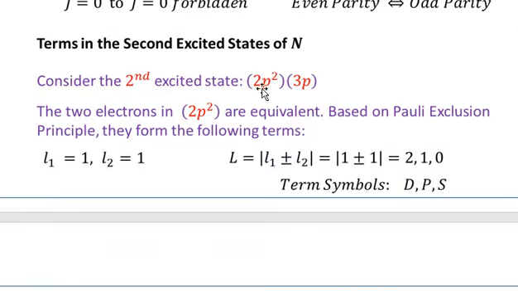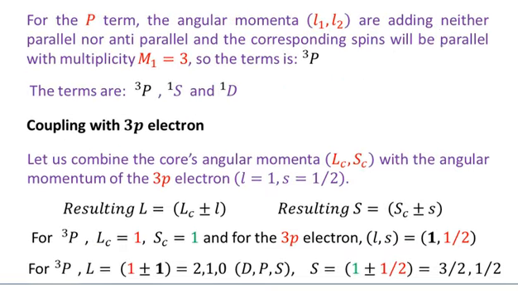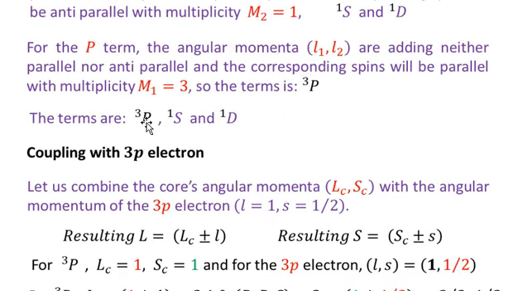Now I am going to combine these terms with the contribution from the 3p electron. That is, these terms 3P, 1S, and 1D, which are obtained from the core 2p2 electrons, will now be combined with the 3p electron.